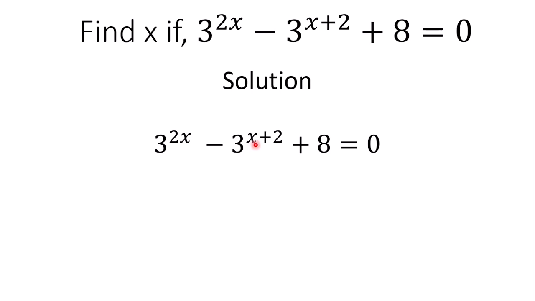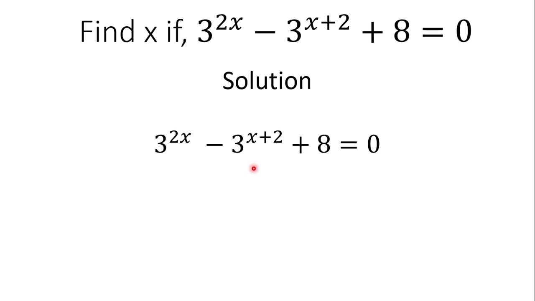3 raised to the power x plus 2. Now this one here is the same thing as 3 raised to the power x times 3 raised to the power 2. From the laws of indices, when the bases are the same and it's multiplying, we just add the powers.